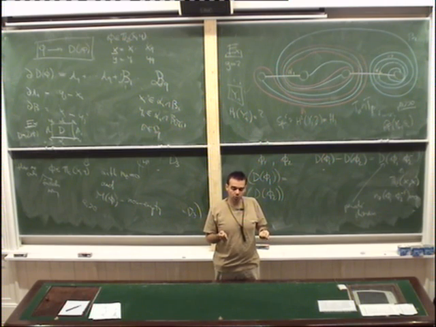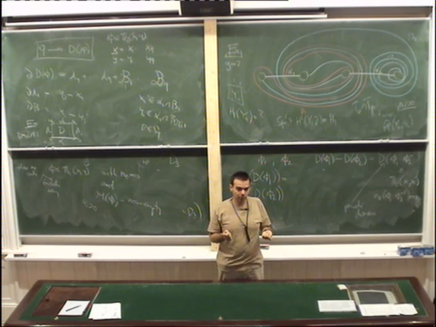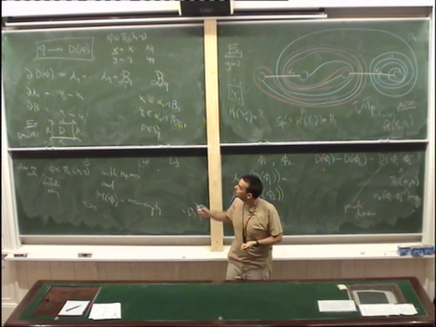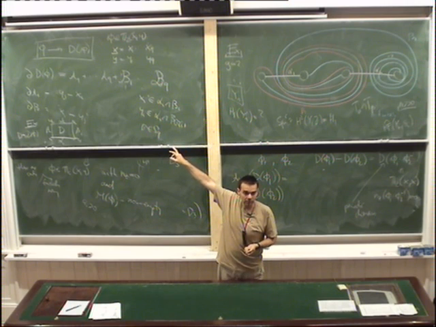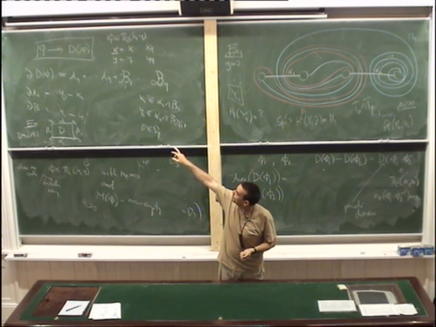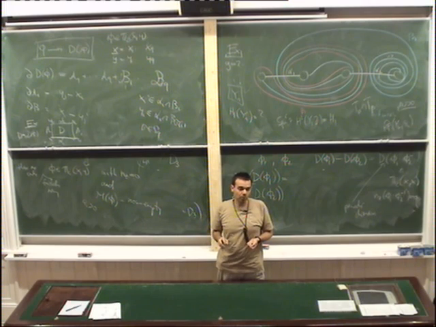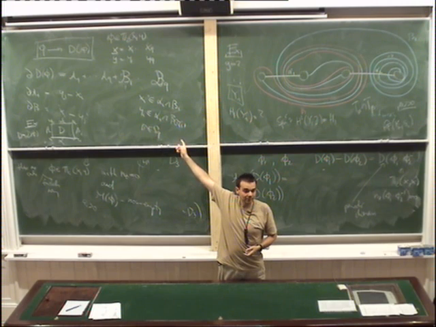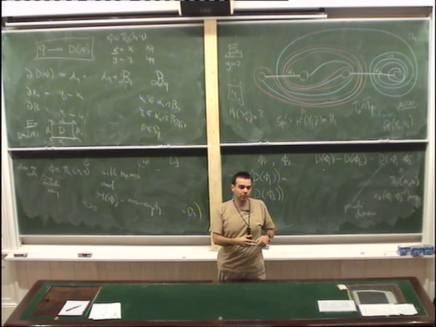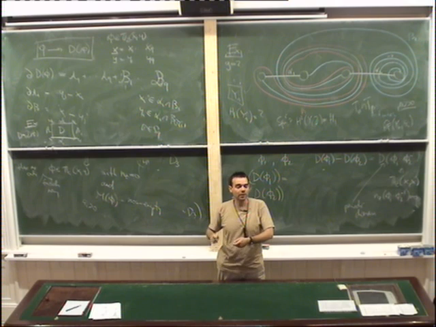Now, the condition is that you should be able to find a linear expression, the sum of a_i D_i, with the property that when you take the boundary of that and look at the various parts of the boundary corresponding to the alpha and the beta circles, the boundary on the alpha is going to go from the x coordinate to the y coordinate, and the boundary on the beta is going to go from the y coordinate to the x coordinate.